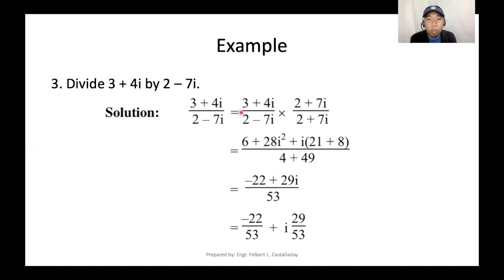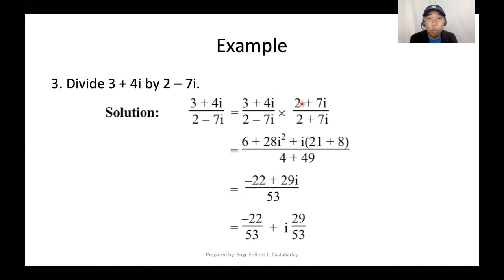So you just do the FOIL method. In this case, 3 times 2 is 6, and then 4 times 7, you subtract them. So 4 times 7 is 28, and 6 minus 28 is negative 22. So that's for the first term of the real part dun sa numerator. And then, i-add natin yung product, diba?